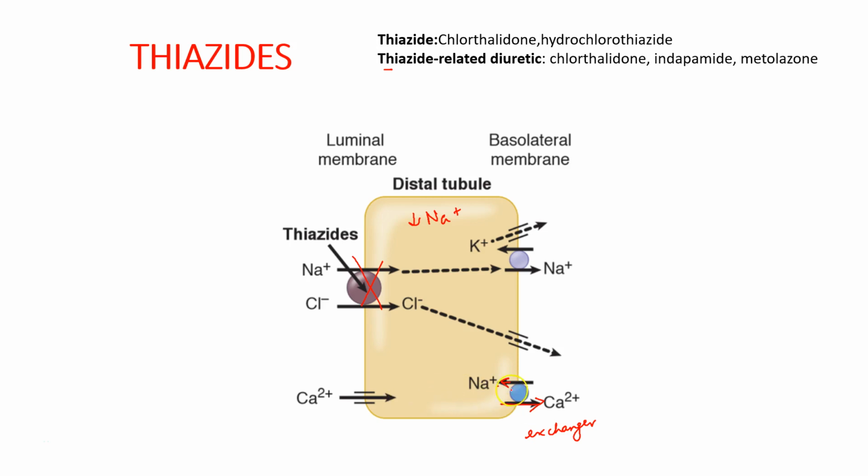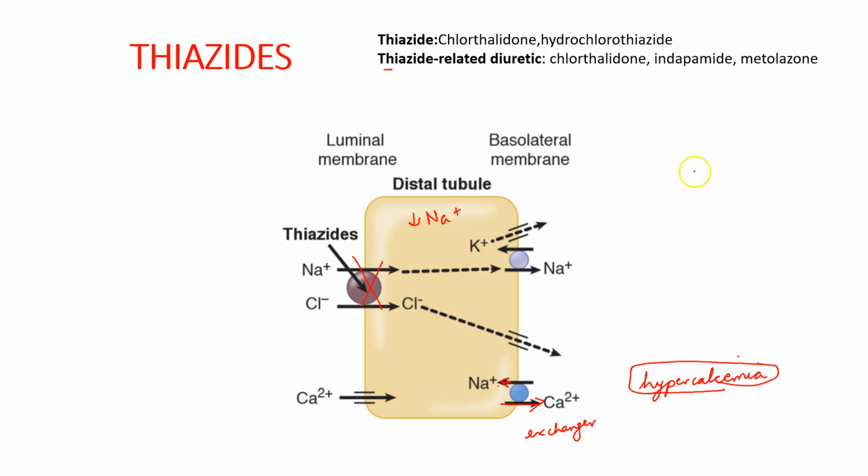This causes hypercalcemia. So even though the side effects are very similar in case of loop diuretics and thiazides, this is one of the main differences, that in loop diuretics we see hypocalcemia, whereas in thiazides we see hypercalcemia.